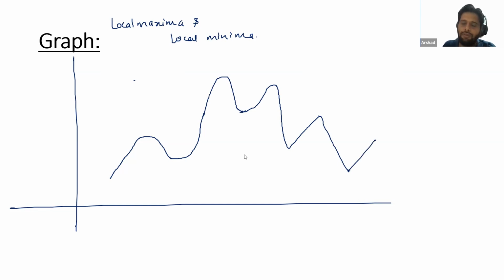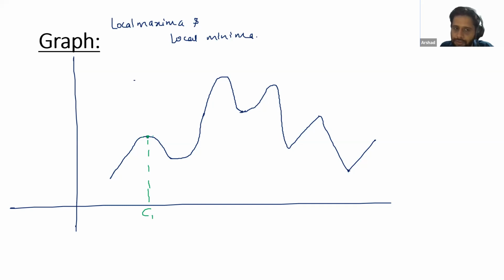Now suppose we have this graph. If we check this point, let this point be C1. If we analyze this value, then this value is greater than the neighboring values.